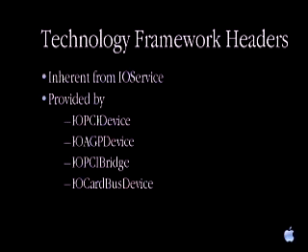And you're inheriting, because you don't have a framework of particular importance like FireWire or something, you're inheriting from I/O service. But you can be provided by I/O PCI device, AGP device, PCI bridge, and card bus device. And for all the PCI knowledgeable people in the audience, those are all PCI devices.